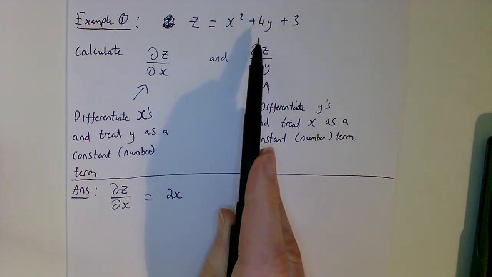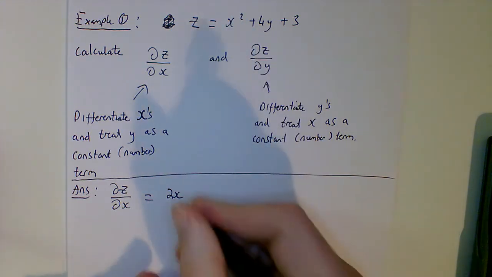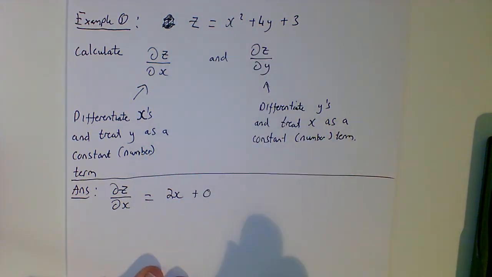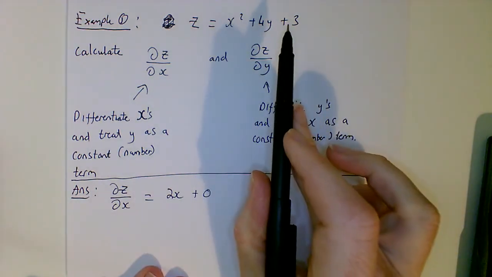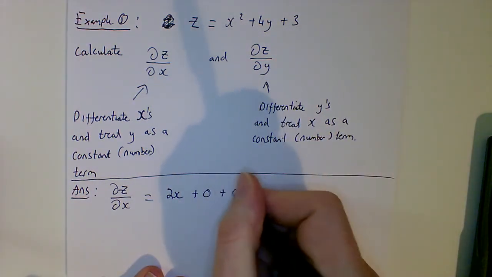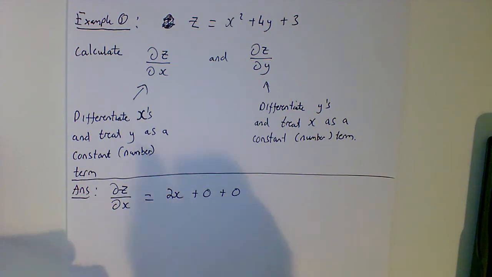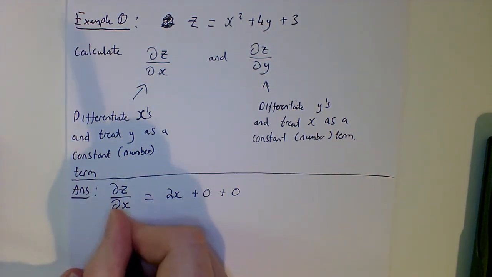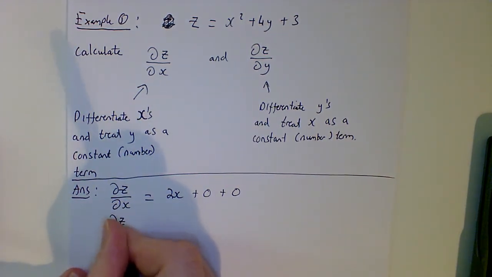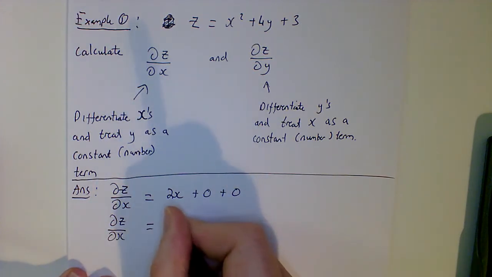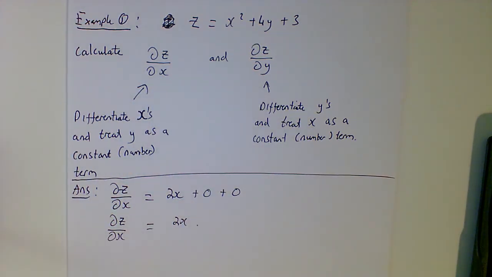So that just becomes 0. That's just a number, so when I differentiate it, it becomes 0. So that just means that partial dz by dx is just 2x.